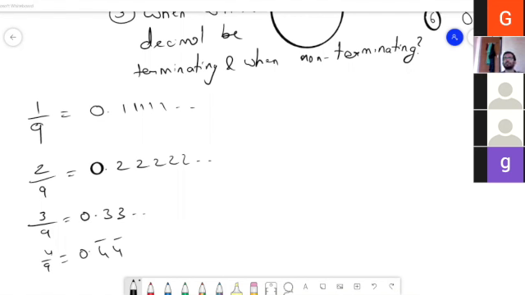Gauri ma'am, nice, very nice observation. Very nice. So, for every number, okay, I'll just type the question here. Preeta ma'am, can you turn on your mic and explain your last observation?